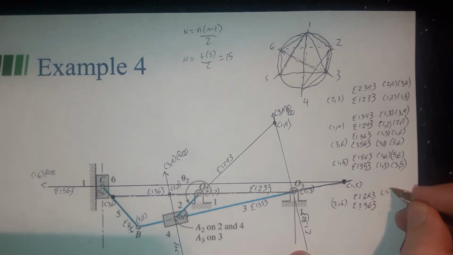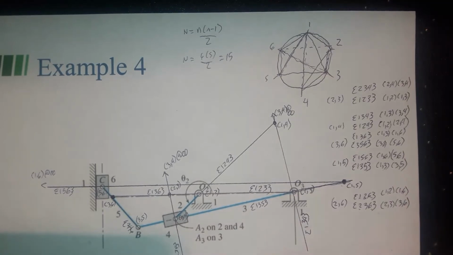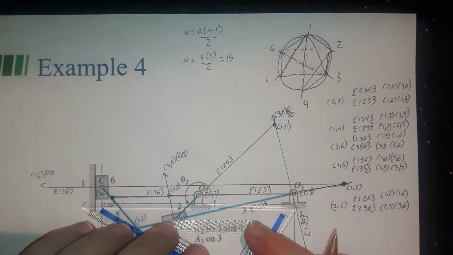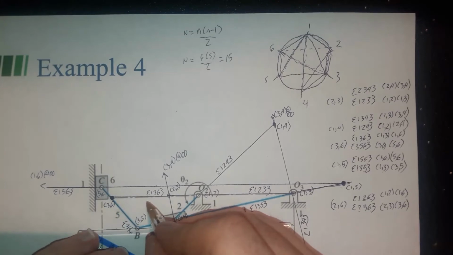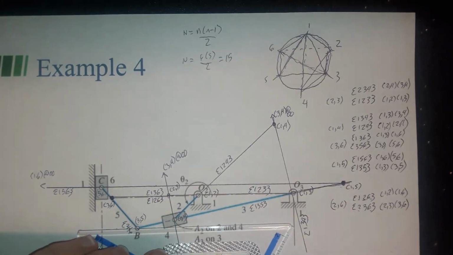And I've got 1, 2 already that I know, 1, 6 already that I know. I also have 2, 3 that I know, and 3, 6 that I know. Okay, so 1, 2, and 1, 6, that's this line. It's the same line as line 1, 3, 6.